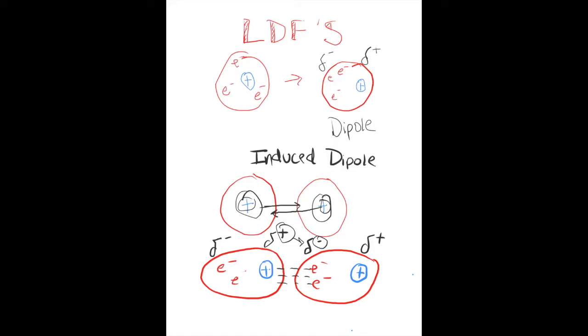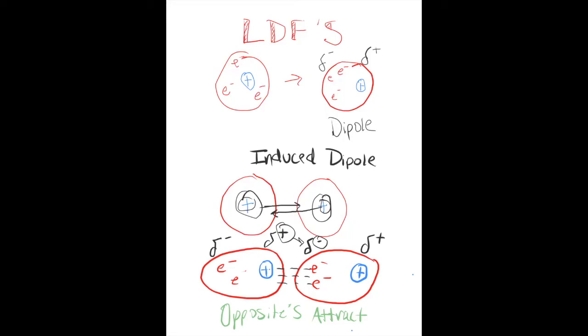So kind of an easy way to remember that is kind of a cliche thing, opposites attract, right? So you kind of can think about it intuitively. What are the opposite charges between these two atoms, right?